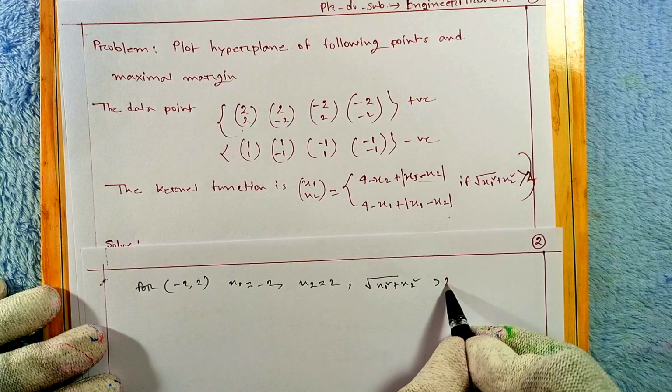For the second equation, 4 minus x1 plus x1 minus x2, that is 4 minus 2 plus 2 minus 2. So we get only 2 here and 2 here. So one new data point will be (2, 2).